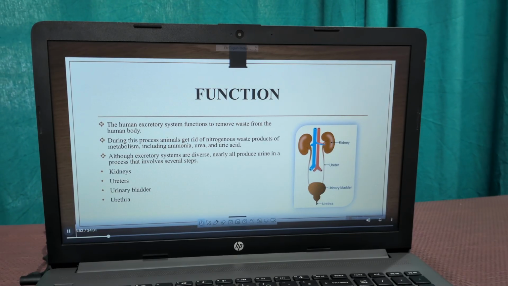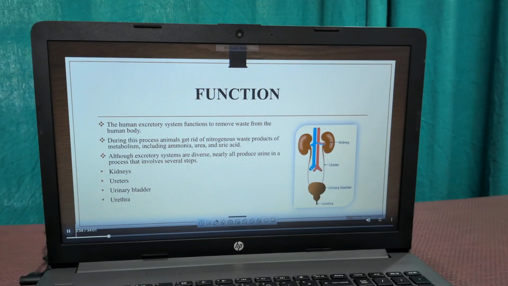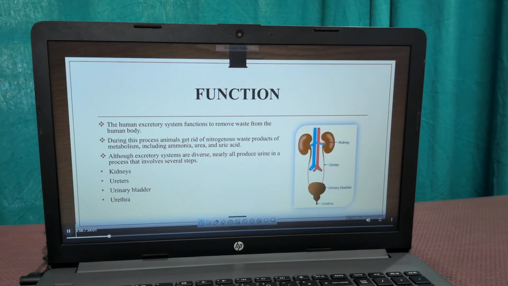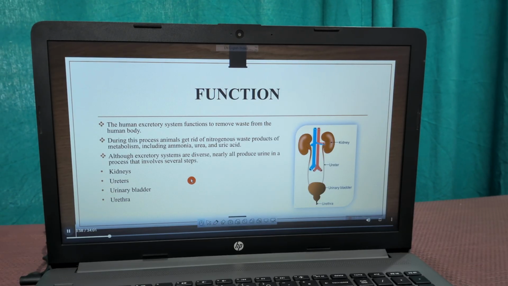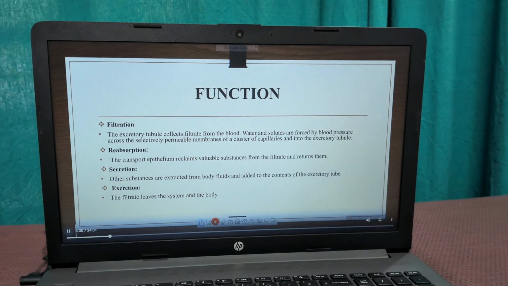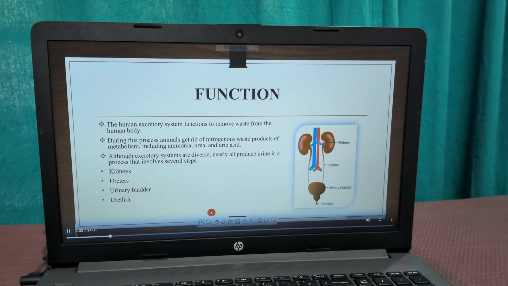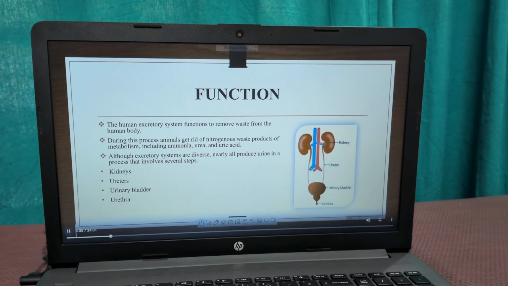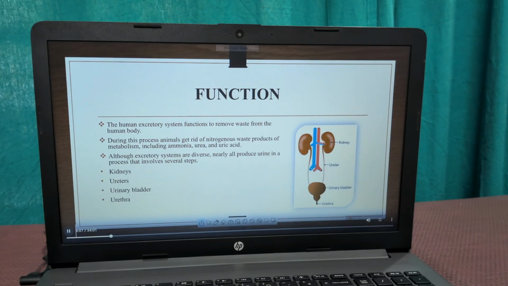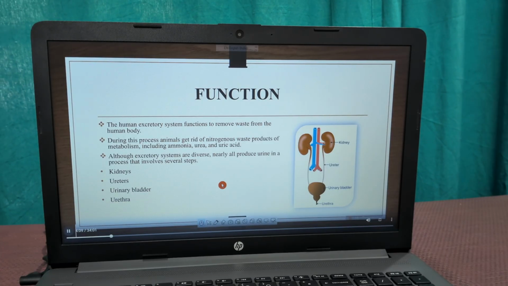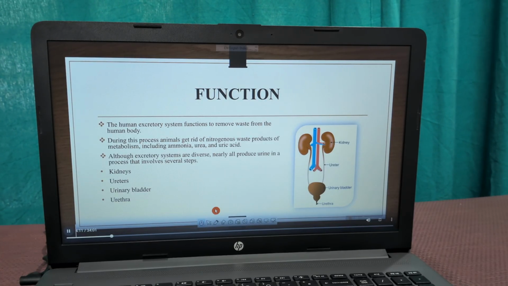The first function is the removal of metabolic waste and medicines from the body. The second function is to balance the body fluids. Let me write over here, to balance the body fluids. The third function is the balance of a variety of electrolytes in the body.